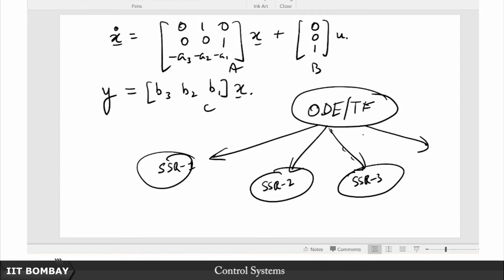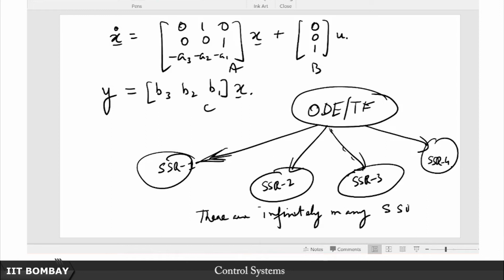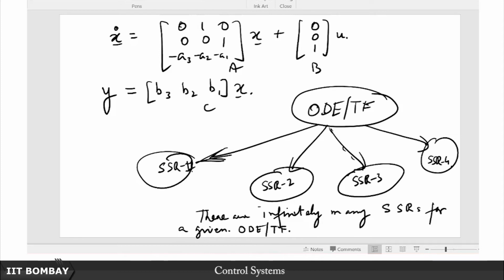So given an ODE, we have seen that there can be several representations. In fact, we have not yet shown this, but I am claiming, and maybe later on we will have time to convince you about this, there are infinitely many state space realizations for a given ODE or a transfer function, and we have seen how to get from this ODE to this state space realization.